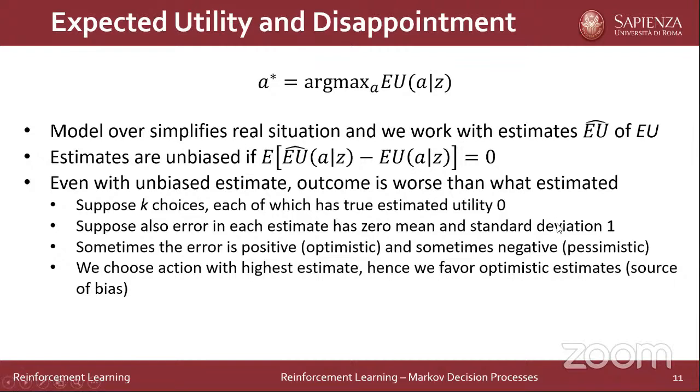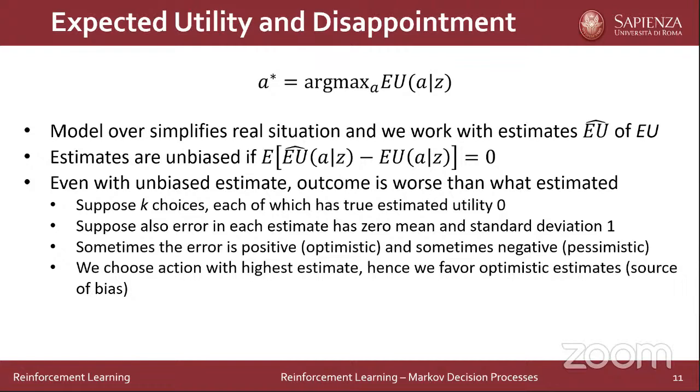Now, if the standard deviation is 1, this means that sometimes the error is positive, sometimes the error is negative. But this leads the agent to be biased anyway, because given we're doing an argmax here, we're always trying to get the highest estimate.